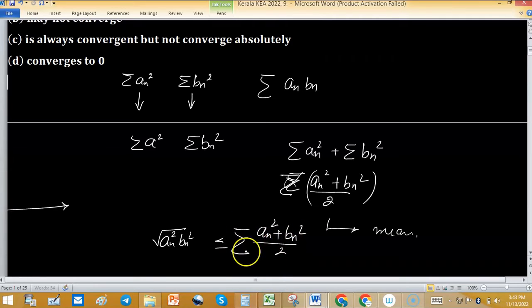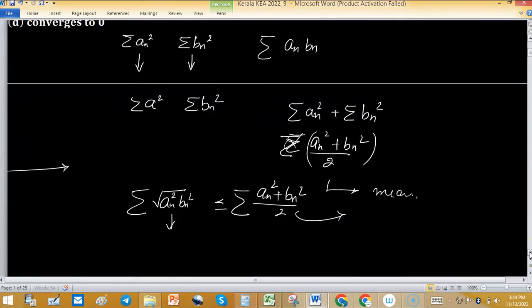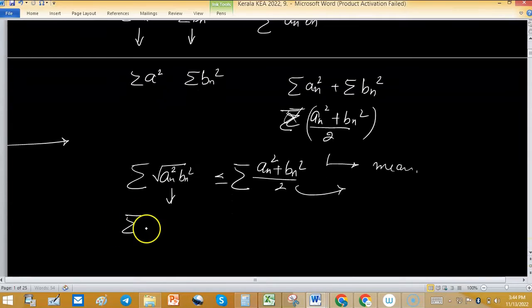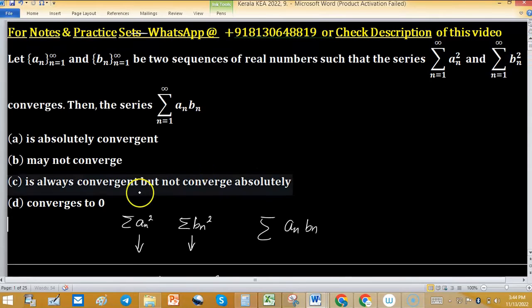So if that series is convergent, then this one also, implying that summation an bn is convergent. Now check which option is giving the value convergent.